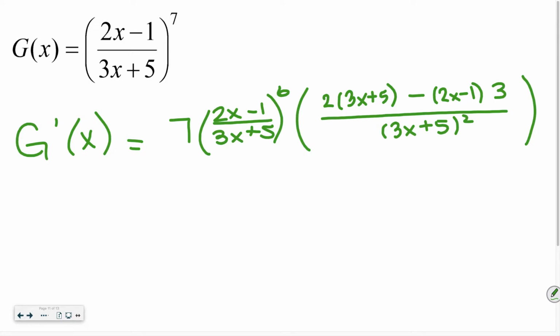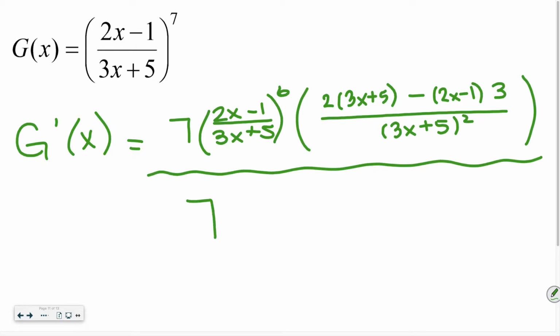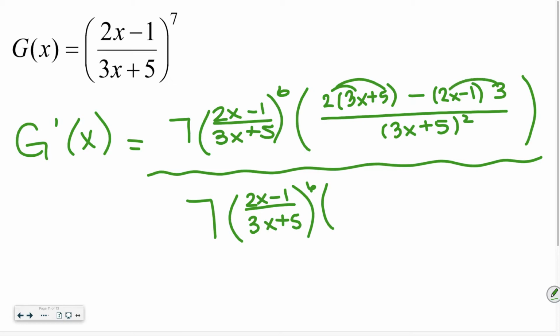Can we leave it like that? To be honest, I'm perfectly happy with you getting to here. But let me just show you what we could do. This would be 6x plus 10 minus the quantity 6x minus 3.